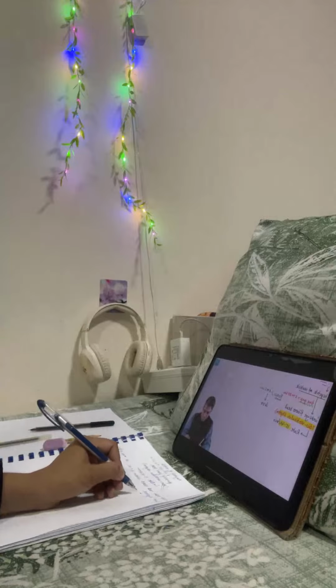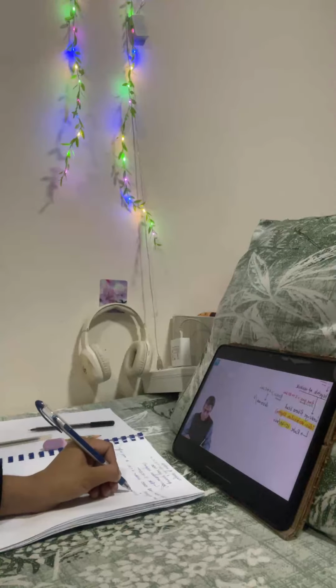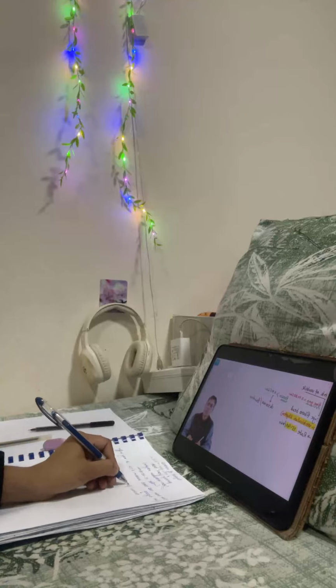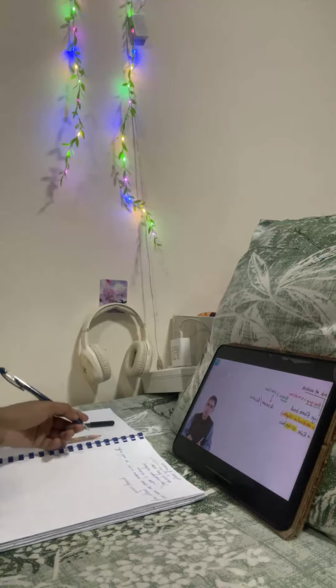There may be fainting also, and the person may fall on the ground also.